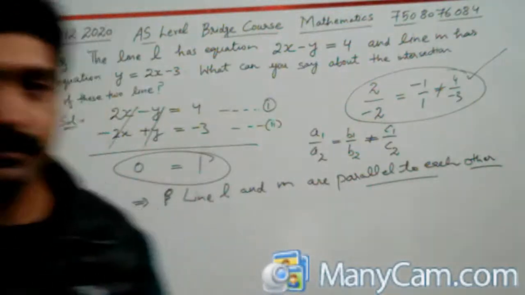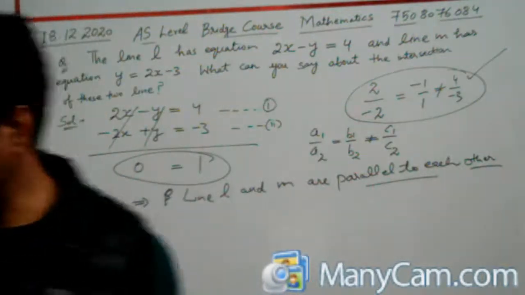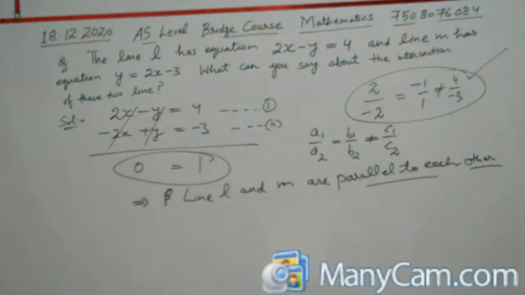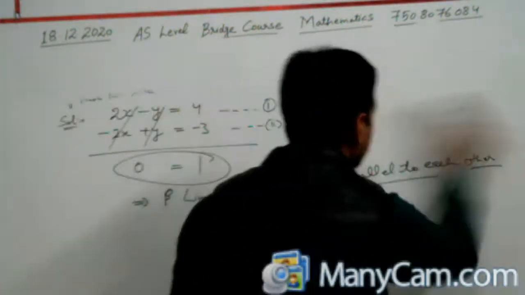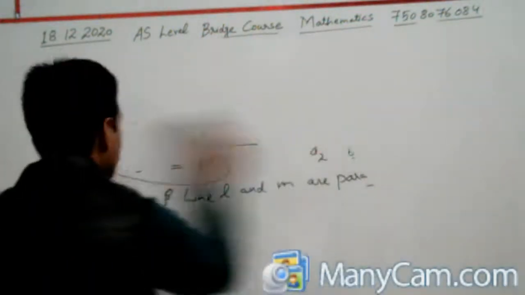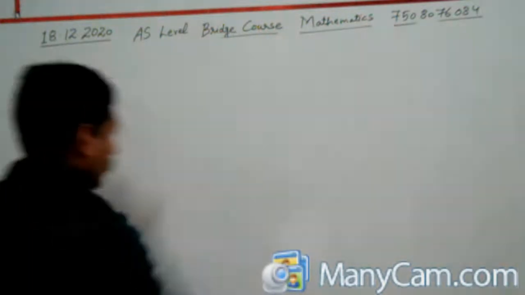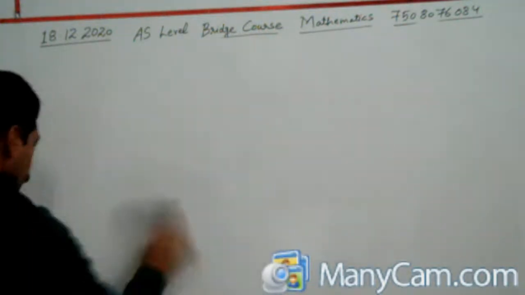In the same way, we have many questions in the exercise, that is Exercise 3D. The first question is to find the vertices of triangle ABC. We have discussed the same question.